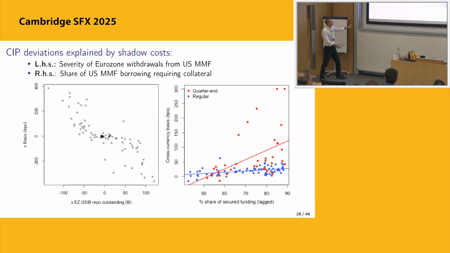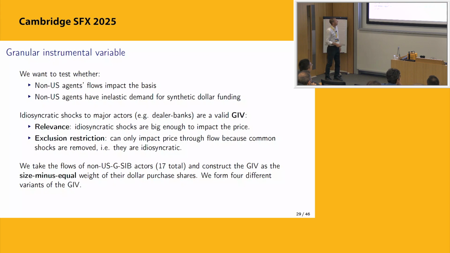Then, of course, we can also look at the pricing, and here it's visual evidence that when Eurozone banks reduce the outstanding position in the wholesale dollar funding market, the basis increases. This happens even more strongly when they are more exposed to the wholesale funding, right?